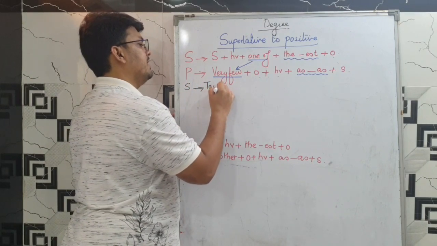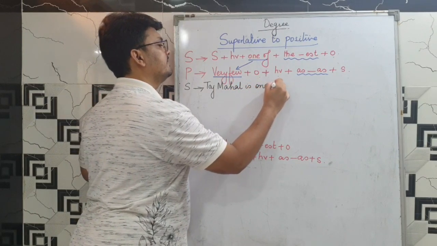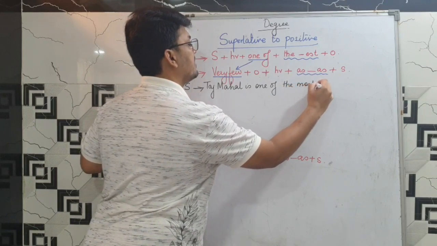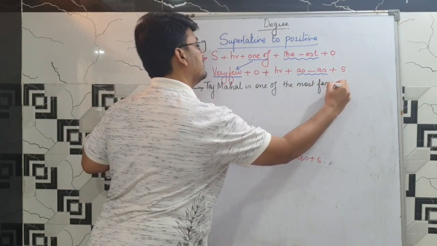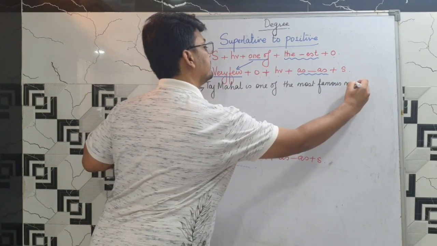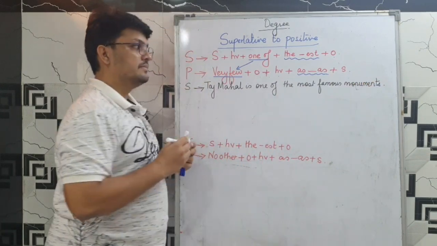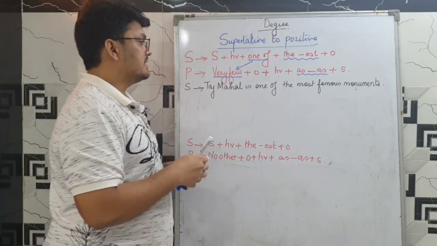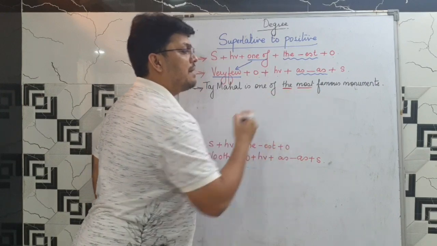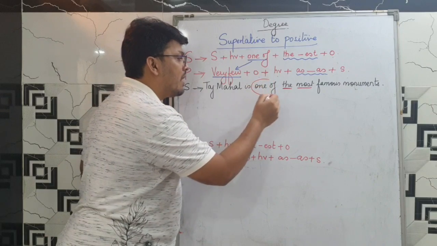Taj Mahal is one of the most famous monuments. One of the famous monuments. So you can see here, students, this sentence is superlative with the words the and most in the sentence. But apart from that, we can also see one of.